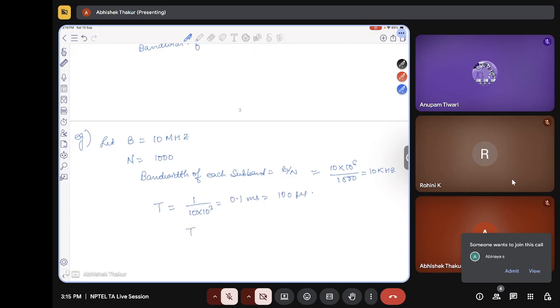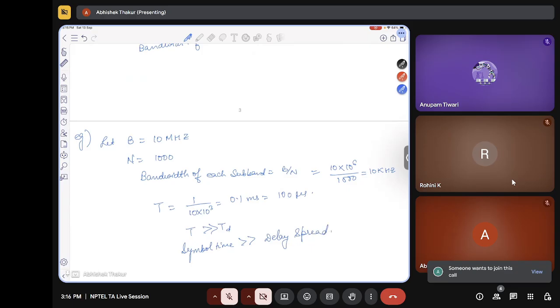Now T is much greater than the delay spread. The symbol time is much greater than the delay spread, so there is no ISI in this new system with multiple subbands and subcarriers in each band. What is the advantage of the subcarriers?